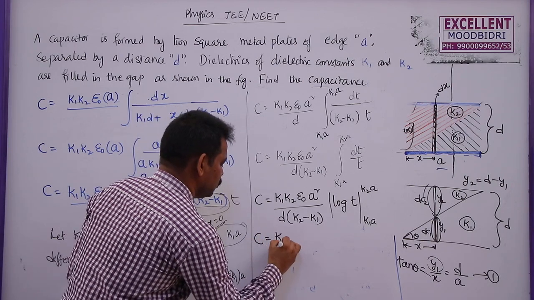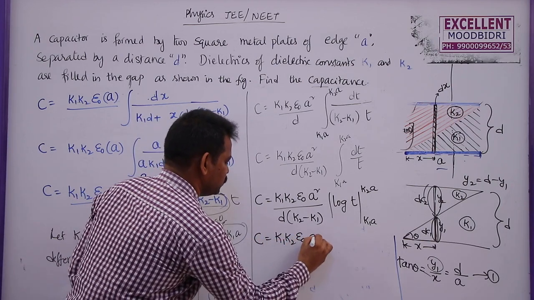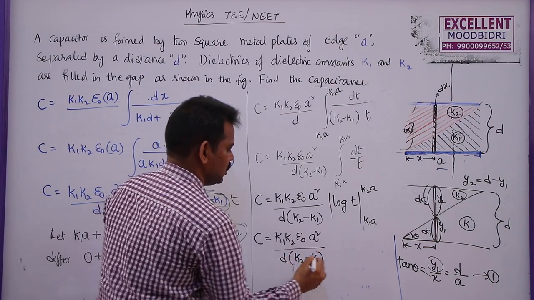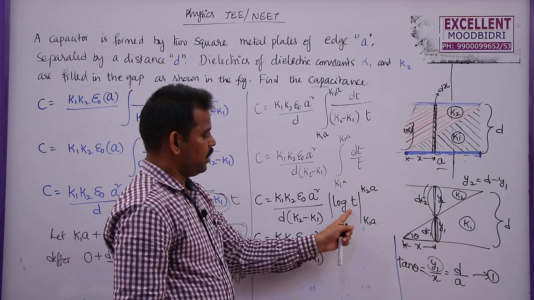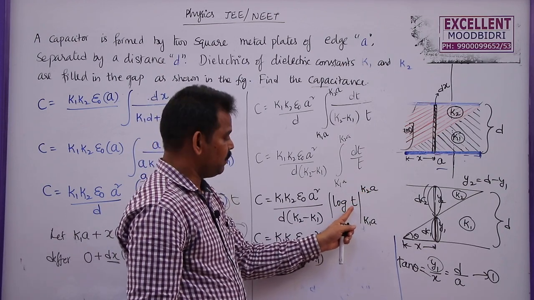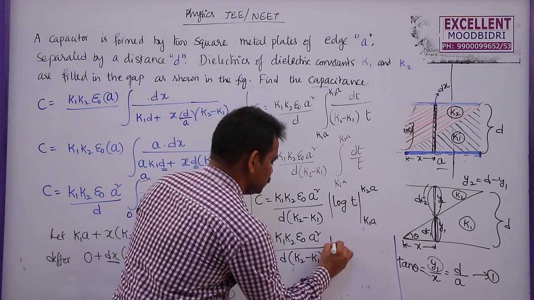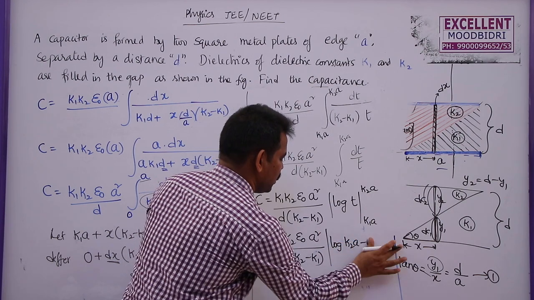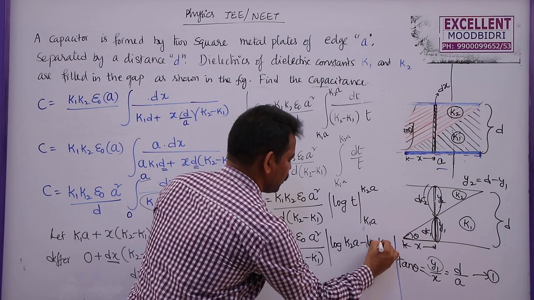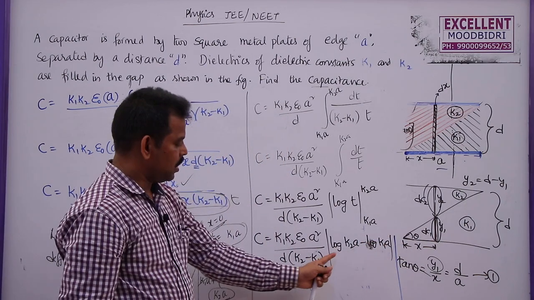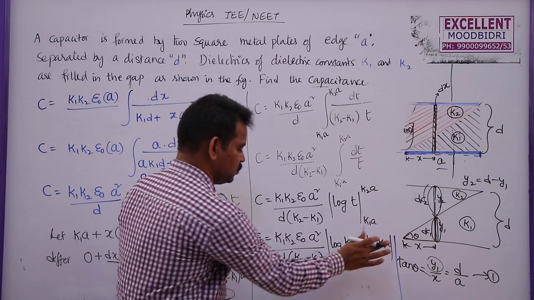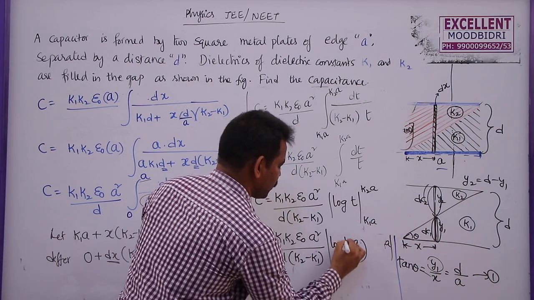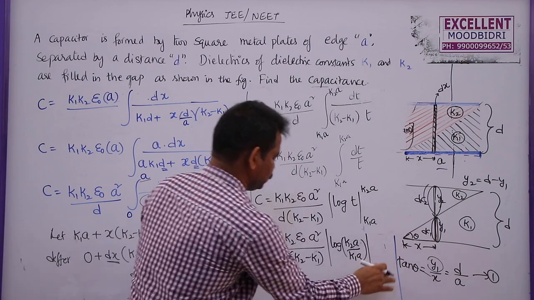Directly I can write C is equal to K1 K2 epsilon naught A square by D into K2 minus K1 into log K2a minus log K1a. This is log A minus log B, which can be written as log A by B also. Directly I am writing log A by B like this.